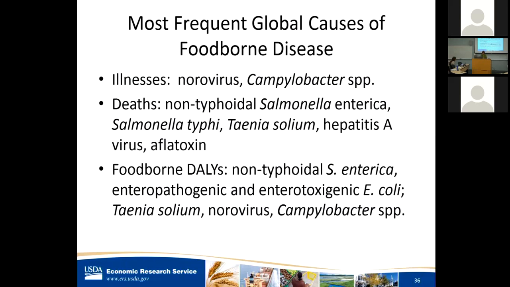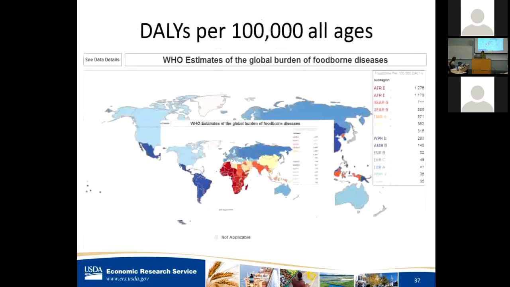Some of the things that we're used to seeing, if you're used to looking at U.S. figures, are also major problems globally, but issues that aren't considered to be major problems here, such as aflatoxin, are major problems when we look at it globally.